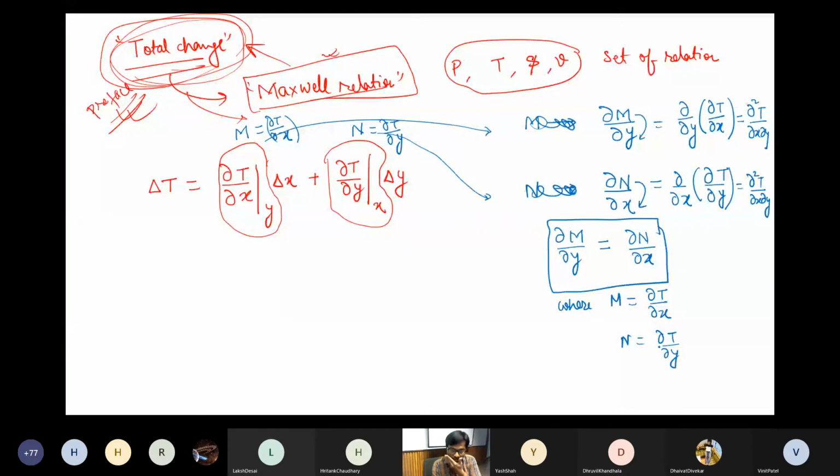Nothing to confuse here, right? We just said that this expression is again a partial derivative, and this whole term differentiated with y, and this whole term differentiated with x, give me equal things. That is what I am telling, nothing more. Please keep this in mind.